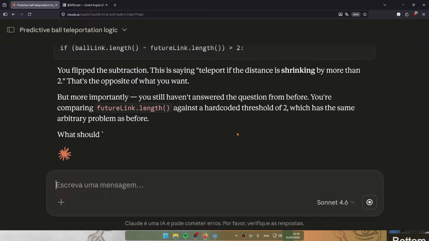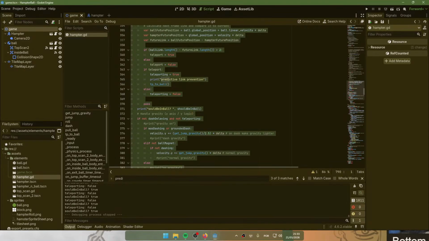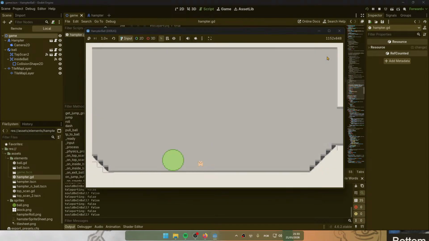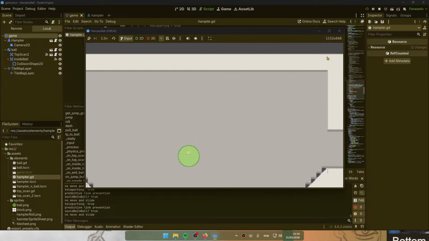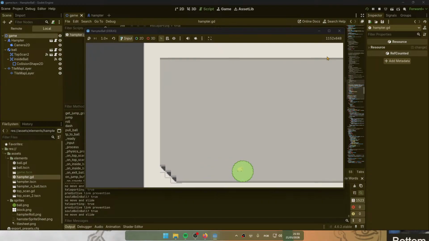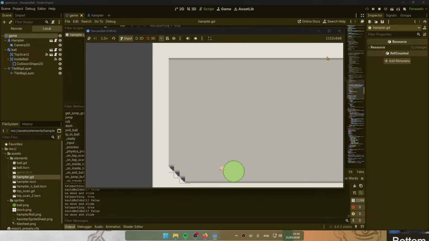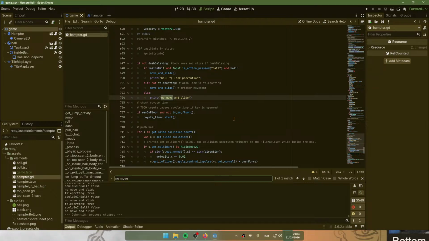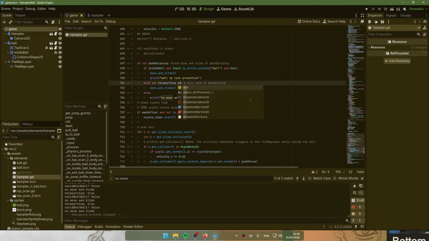It does? What do you mean? God damn it. You didn't answer my question. Why is this bug happening? I didn't even tell him the bug, right? Oh, that's bizarre. Should be in ball is false. So why is no move and slide? Hold on. Let me just do something with move and slide, which is starting to piss me off. So if not teleporting and not should be in ball, also lock if teleporting.